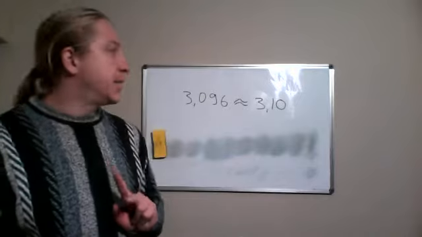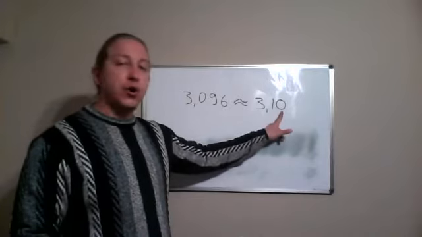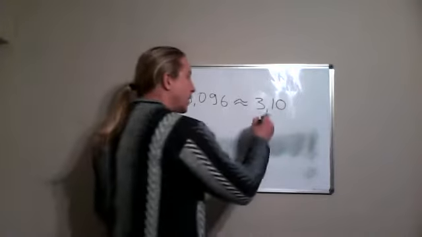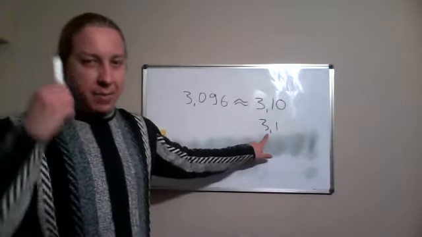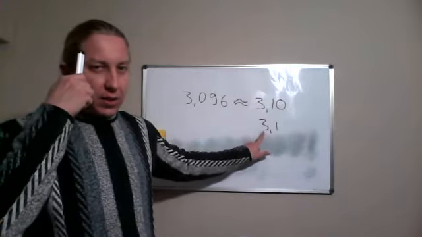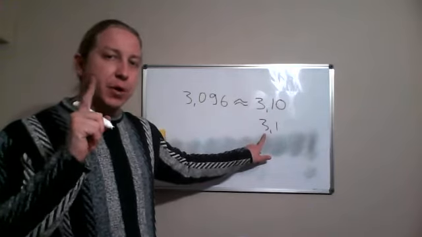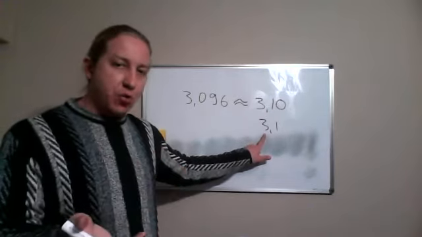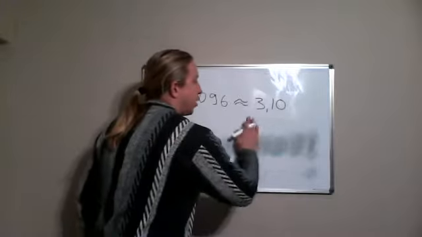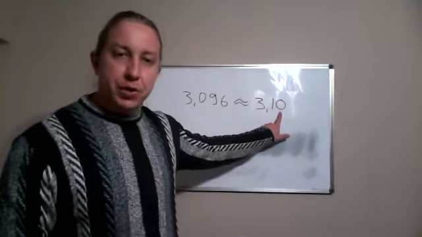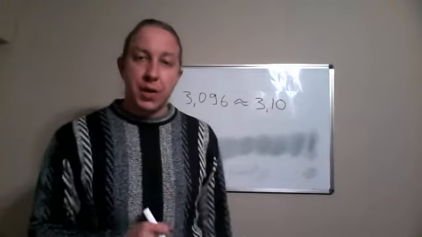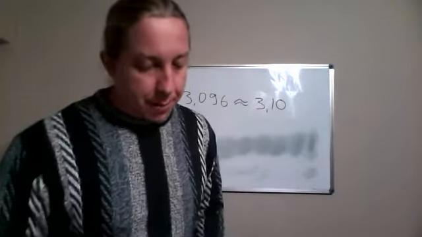So I want to see those 2 digits, even though this is 0. I don't want to see 3.1, because if I look at 3.1, I'm thinking, hang on, did they round this off to 1 decimal place? Because maybe there's another digit, but they just rounded it off. So if I ask you to round off to 2 decimal places and the last digit happens to be a 0, I want you to keep it at a 0.